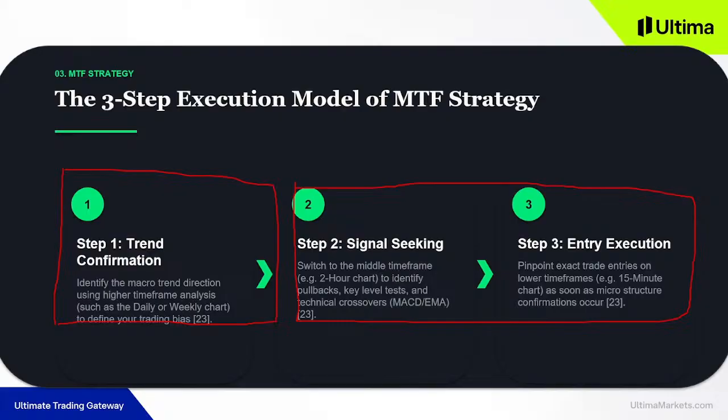So basically you need to do two steps. The first step is to confirm the trend, and then you switch to a lower time frame such as 2 hour or 1 hour to seek the signal, for example the reversal that I mentioned just now. Then you can simply execute on the 1 hour or 2 hour charts when there's a clear reversal form or a breakout form.